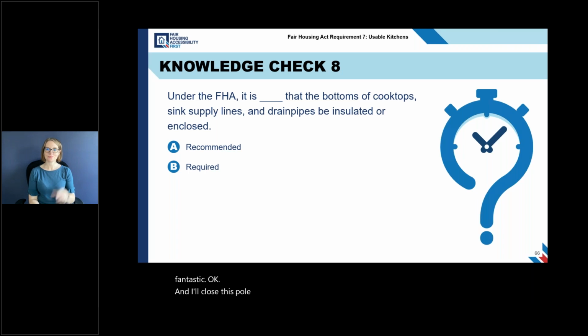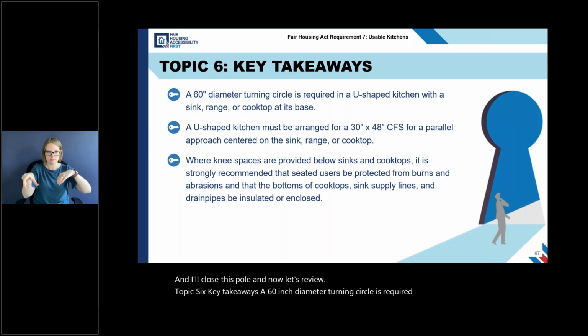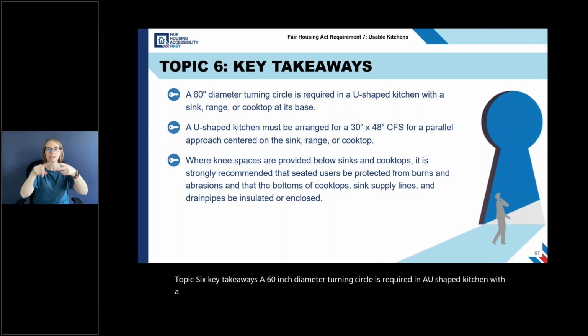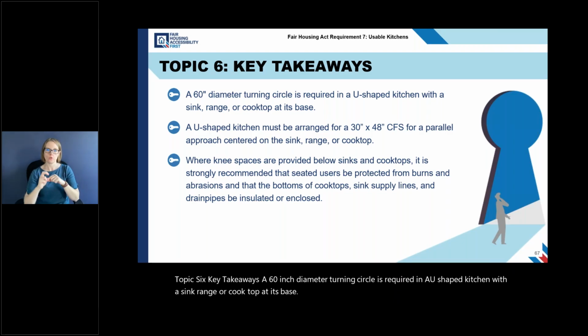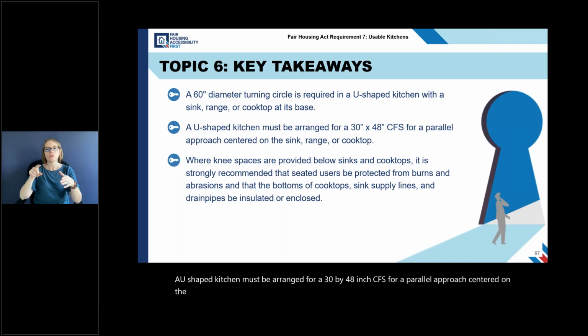And now let's review topic 6, key takeaways. A 60-inch diameter turning circle is required in a U-shaped kitchen with a sink, range, or cooktop at its base. A U-shaped kitchen must be arranged for a 30 by 48-inch CFS for a parallel approach centered on the sink, range, or cooktop.